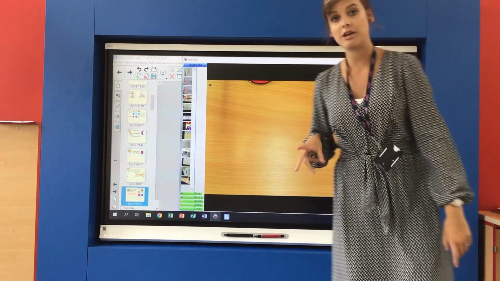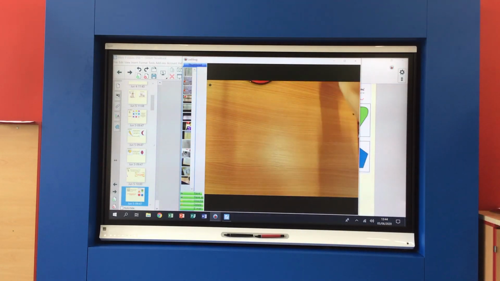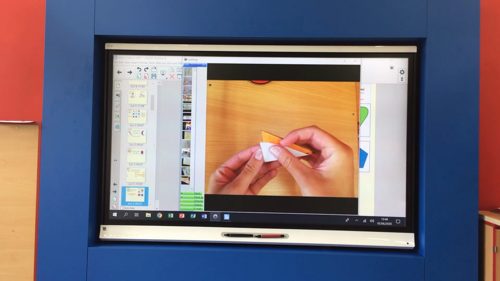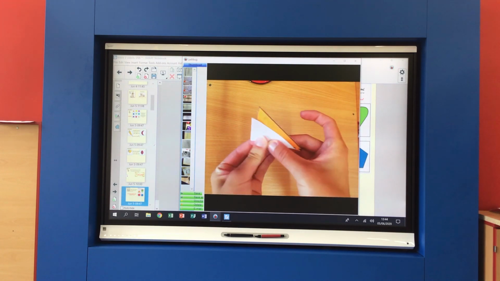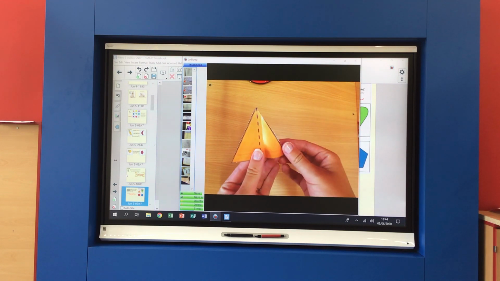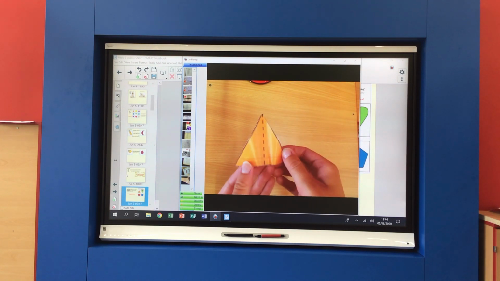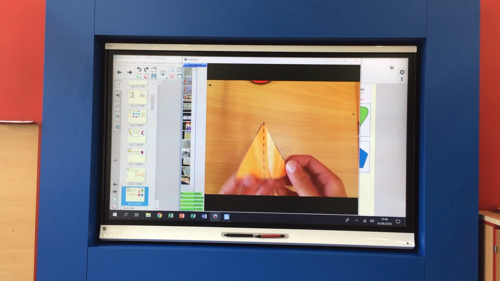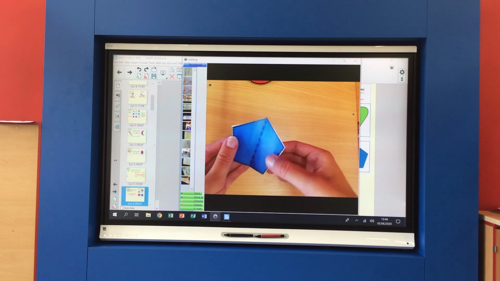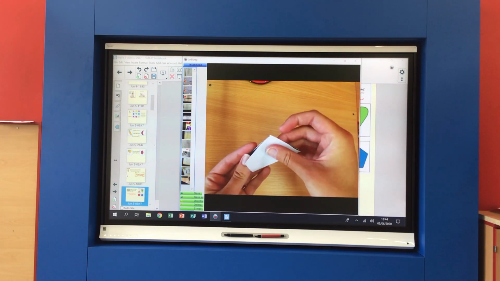I've already cut my shapes out, but if you don't fold it edge to edge, your shape is not going to look exactly the same, when actually it does have a line of symmetry. So let's have a look at the Pentagon. When I fold my shape, I'm going to go edge to edge.